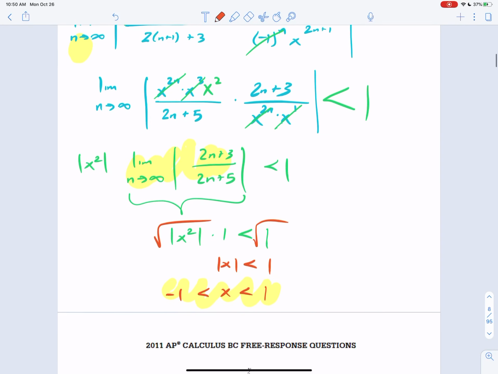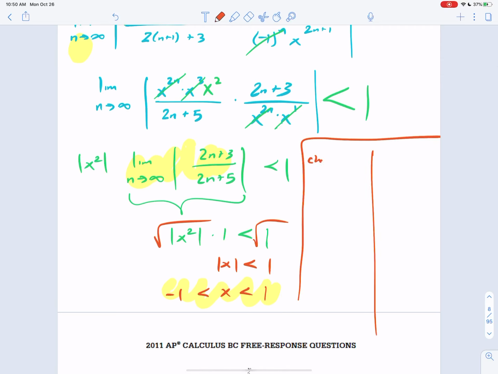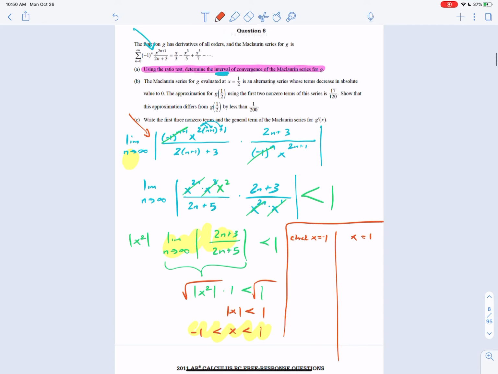Let's keep going. Now we have to check our endpoints. So we have to check what happens when x is negative 1 and when x is 1. So you go back to your general term.